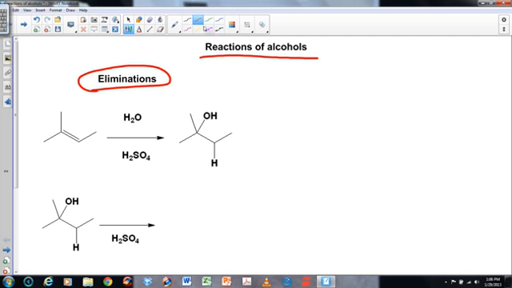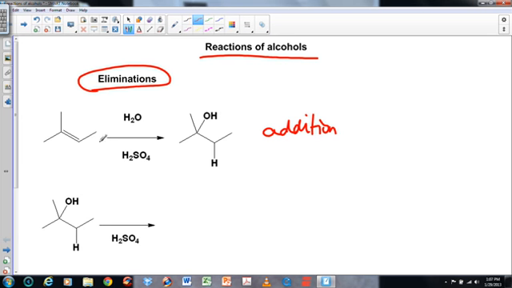Elimination. We talked about one of the main reactions that alkenes do: having the alkene and adding something across that double bond. This is an example of an addition reaction. And it turns out eliminations are exactly the opposite of additions.